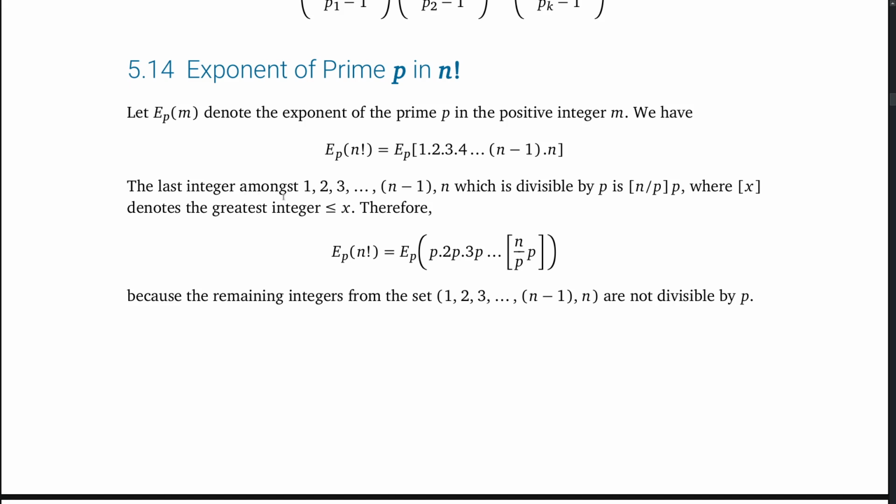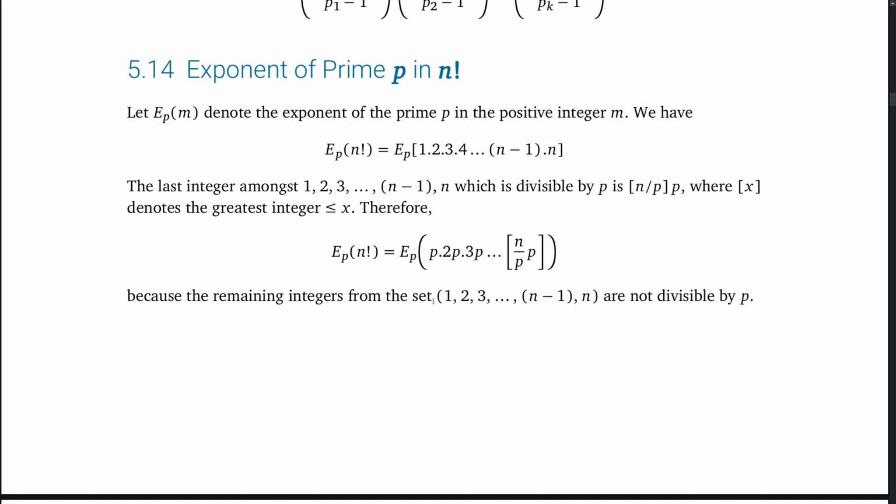The last integer among 1, 2, 3 through n minus 1, n, which is divisible by p, is [n by p] into p, where this is the integral function where [x] denotes the greatest integer less than or equal to x. So EP of n factorial is equal to EP of p.2p.3p through [n by p] p, and that is the integral part of it.